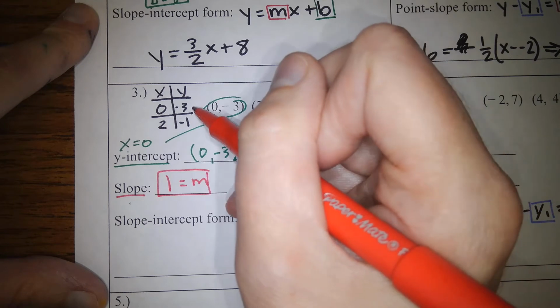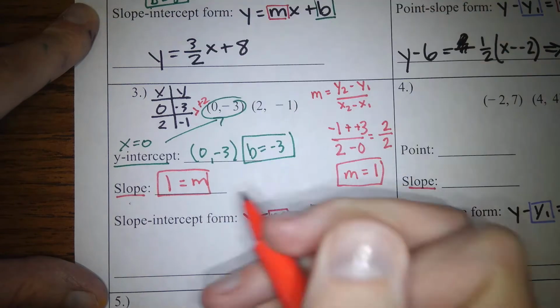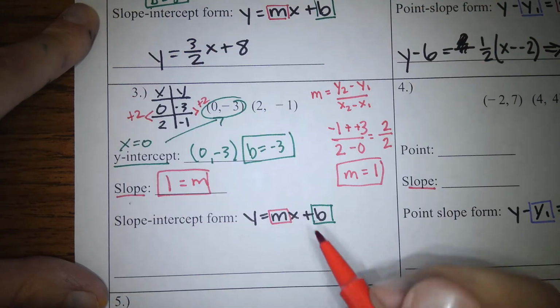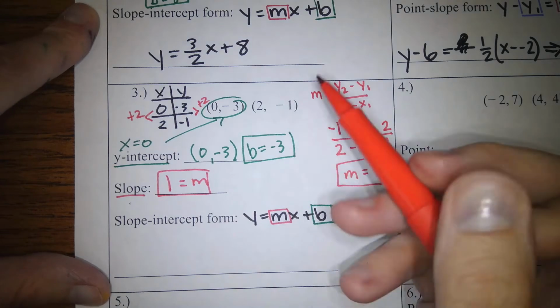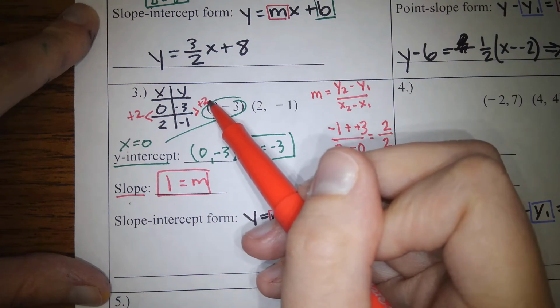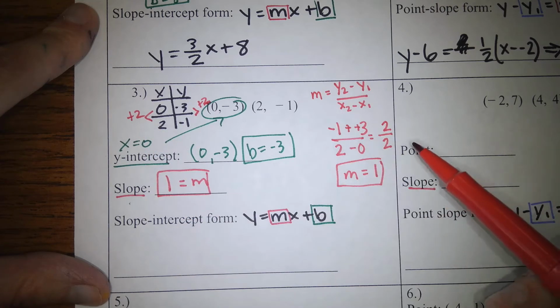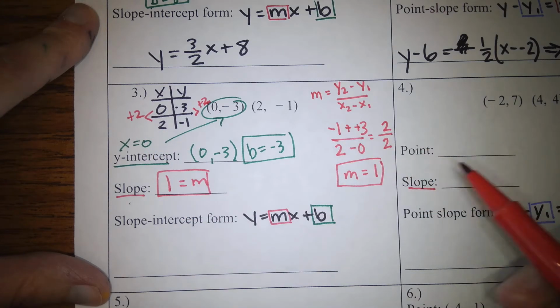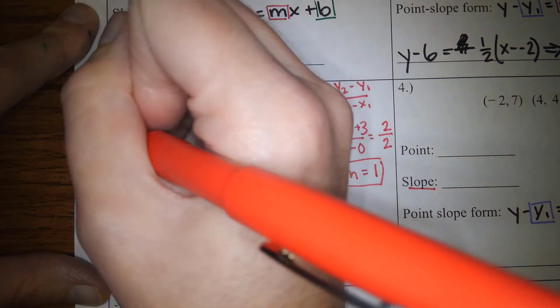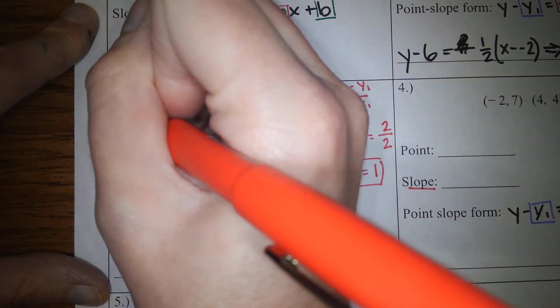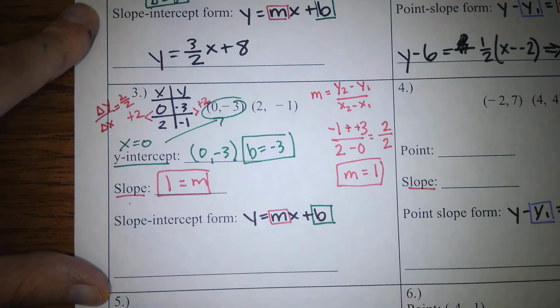And then you just find it this way. You say, oh, that's plus 2, and that's plus 2. So you can find your slope by saying the change in your y, which is 2, over your change in your x, which is also 2. So you end up getting 2/2 again, which is great. So your change in y over your change in x is 2/2, which is still equal to 1.